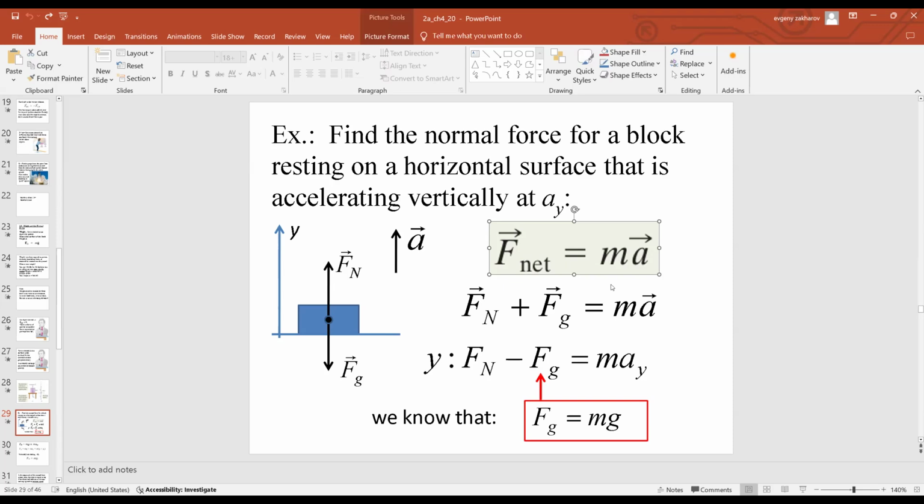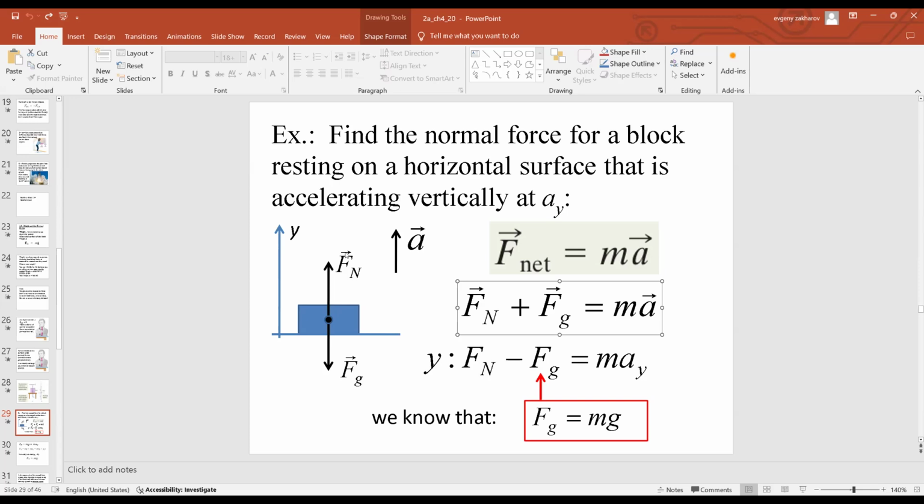The first statement is Newton's second law. Net force is mass times acceleration. And what is net force? Net force is the vector sum of all the forces acting on the object. So it's your normal force plus gravity equals mass times acceleration. And then you have components onto the y-axis. The y-axis is upward, positive direction is up.